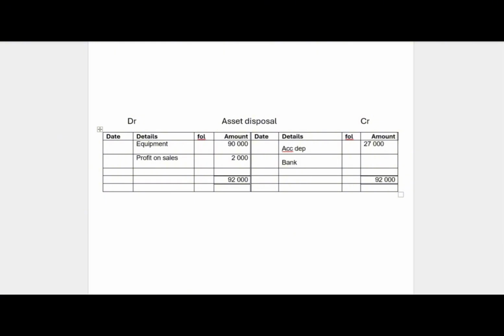And then 92,000 minus 27,000, I'm getting 65,000. 65,000 is going to be proceeds from sales of an asset. So when you add 65,000 plus 27,000, you are getting 92,000. So that is your proceeds.